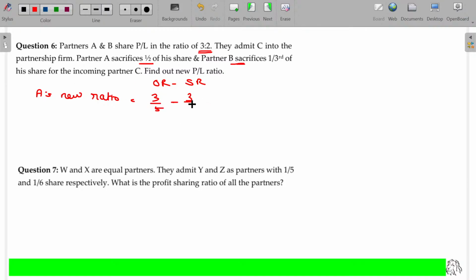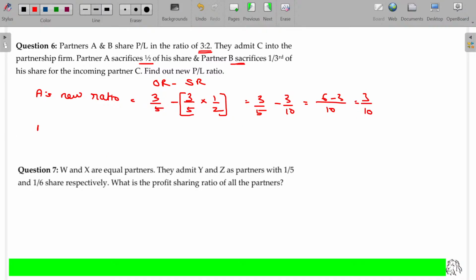His share is 3/5, and half of his share. Then this will be 3/5 minus 3/10, so 3/10. It's easy.